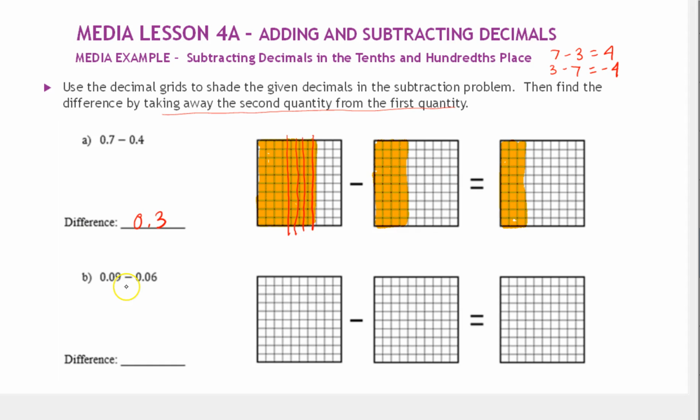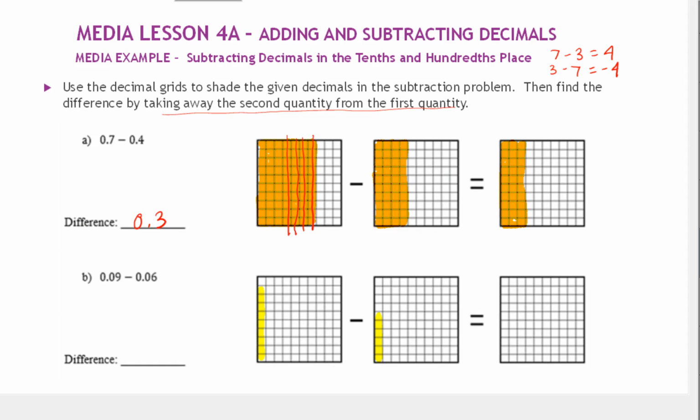Let's look at the next one. We have 9 hundredths minus 6 hundredths. We're going to use yellow squares. There's 9 hundredths. Now we have 3, 4, 5, 6 hundredths. So we want to take away 6 hundredths from 9 hundredths. We want to cancel this out.